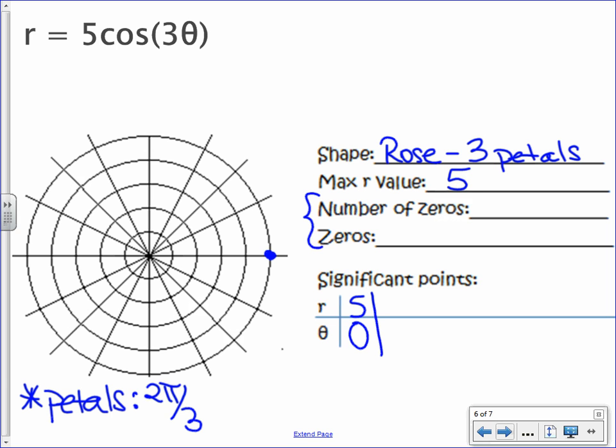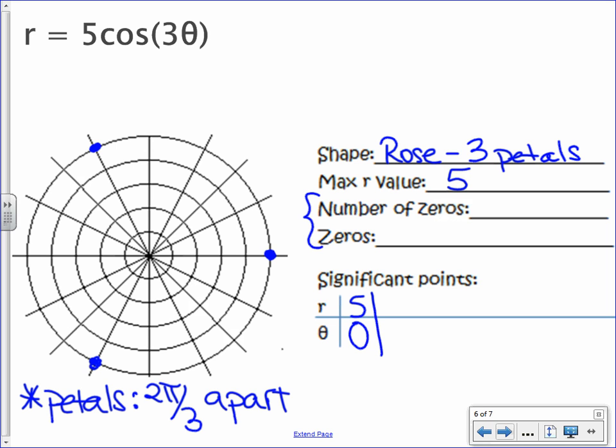So if we take 2 pi and divide it by the number of petals, that's how far apart they need to be. It's really as simple as that. If you need to use degrees to help you, that's fine. But we have a petal there. 2 pi over 3 is here. 2 pi over 3 more would be, wouldn't it be here? So now we can draw our curve.